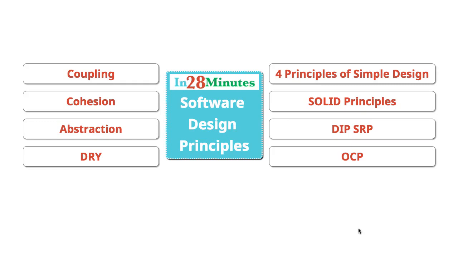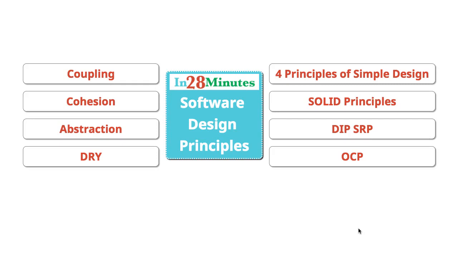What are these fundamentals? These are coupling, cohesion, abstraction, and DRY. So we'll start with discussing the basic fundamentals, coupling, cohesion, abstraction, and DRY. And after that, we would think about the 4 principles of simple design and SOLID principles, which I think are awesome principles to understand to keep your software design simple.